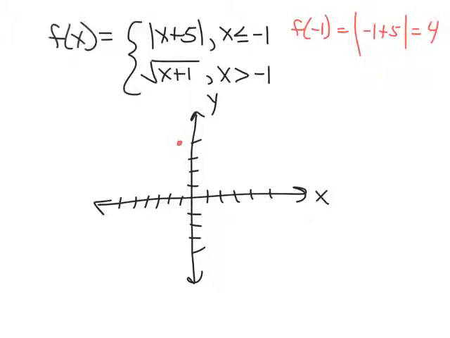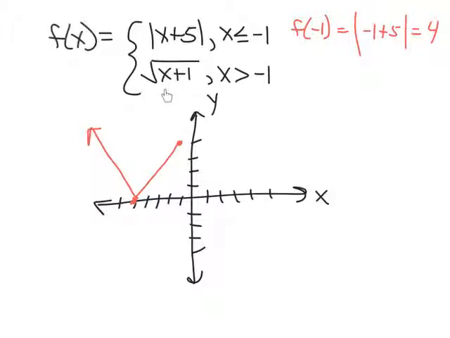Now if you think about your transformation, this is an absolute value function. Its vertex is shifted to the left by 5. So I'm going to come over here, 1, 2, 3, 4, 5, and there's my vertex. So my absolute value function is graphed like that. It terminates at this point that we calculated, which is the transition point for my function.